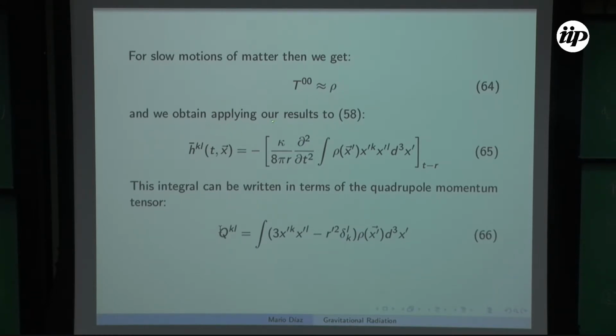Applying our results to the previous equation, because it was T00, we replace it by the density of the system. We can write this integral in terms of the quadrupole moment tensor, because after all it is the integral of the density. The quadrupole moment tensor is closely related to the inertia tensor from classical mechanics.